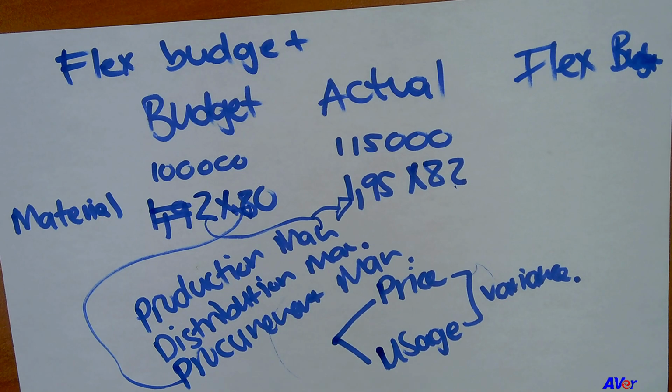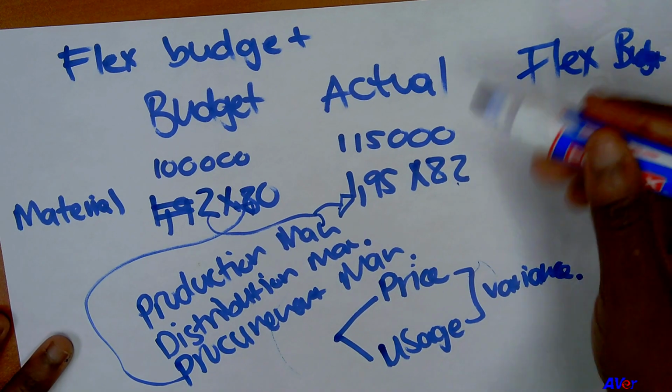So now the production manager can still come back and say, hey guys, I think you're being unfair because the only reason we overspent in our division is because we produced more units. We produced 15,000 more units, therefore, I think you can let this one go. That's where flexing comes in.